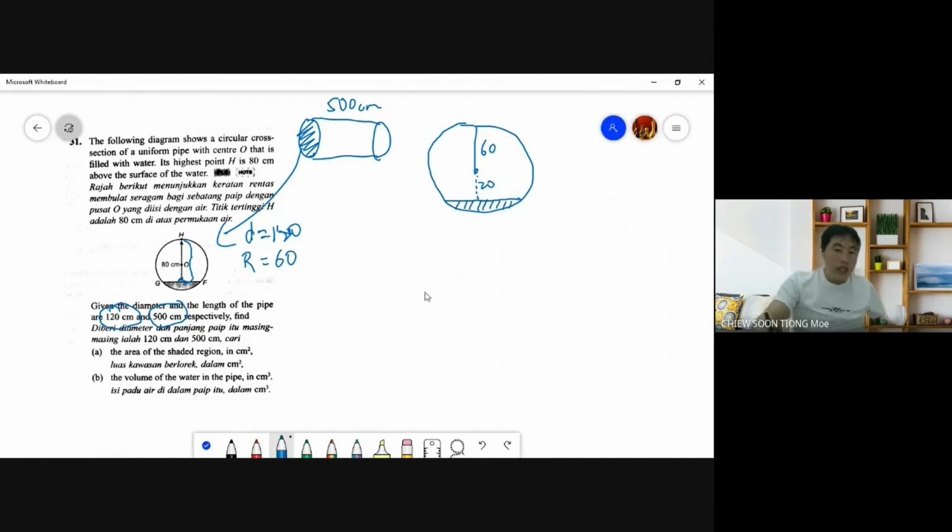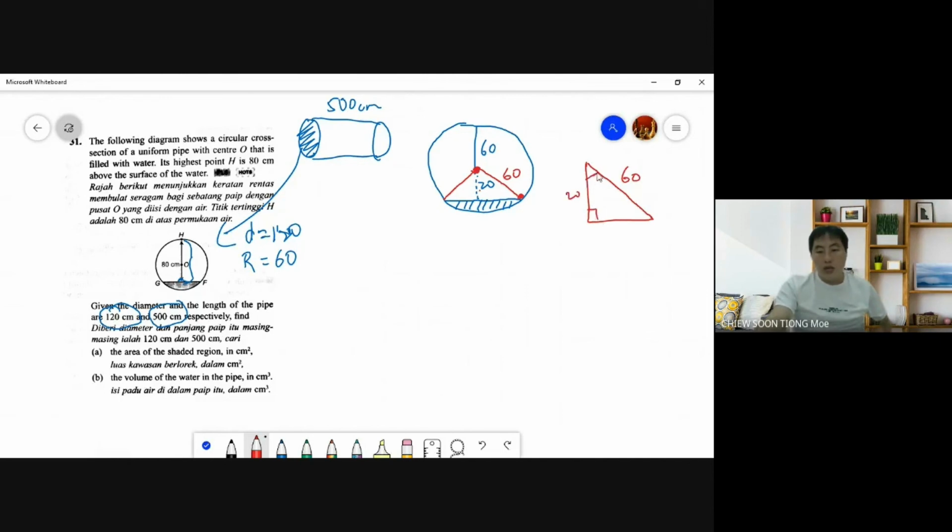What is the answer? What you're going to do is draw one sector. Without drawing the sector, you cannot get the answer. So this is 20, this is 60. Understand, right? Because this one and this one are also radii. We take 60 and 20 and then get the angle.